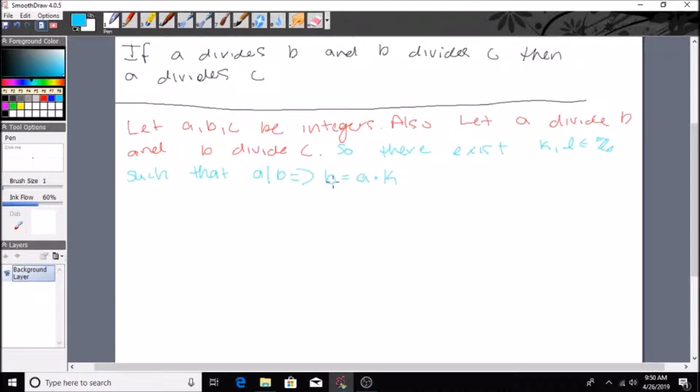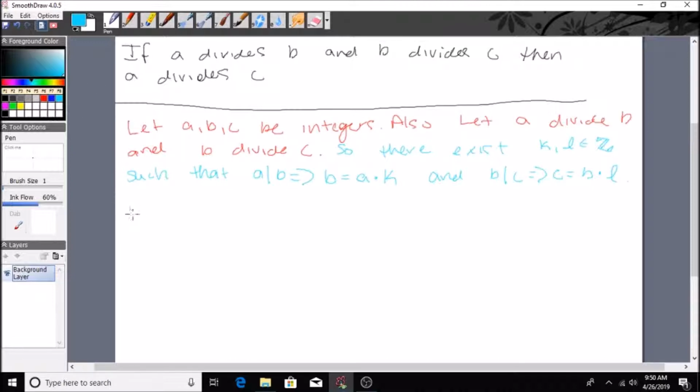If A divides B, that means you can multiply A by some number and get to B. And B divides C implies C is equal to B times some integer L. That also makes sense, for the same argument I used for why B equals AK makes sense.